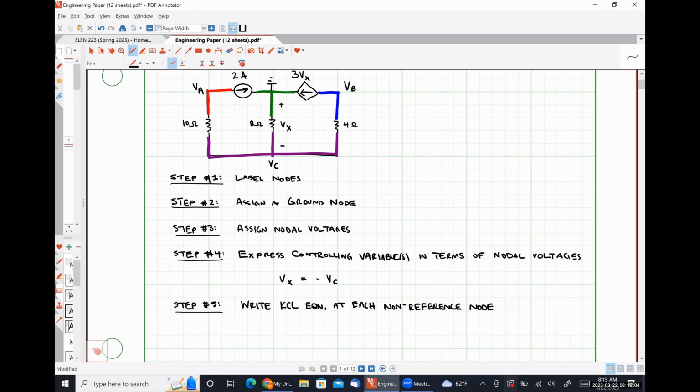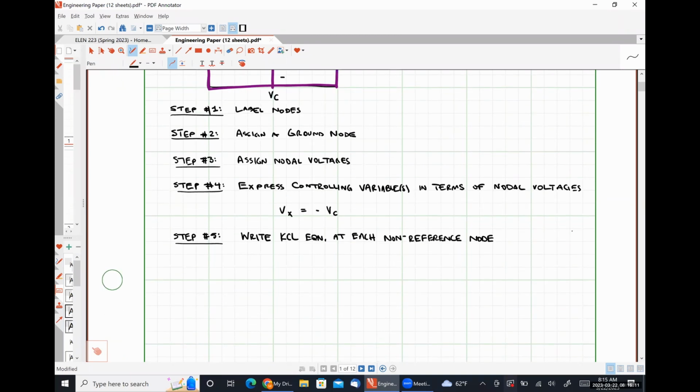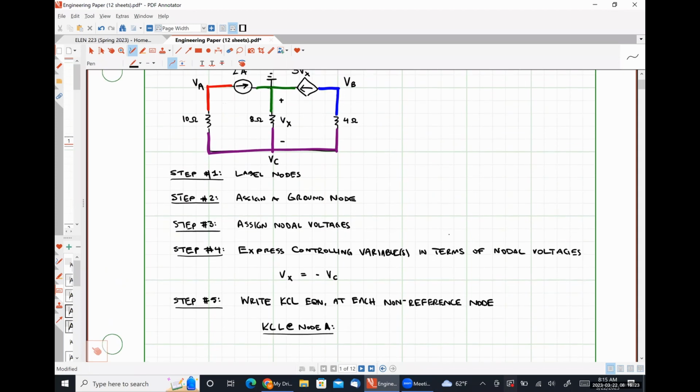So we never write a KCL equation at our ground node, but we will write a KCL equation at every other node. So at node A, what we are going to do is add these two currents together that are leaving node A and set them equal to 0, because that's exactly what Kirchhoff's current law tells us to do, right?